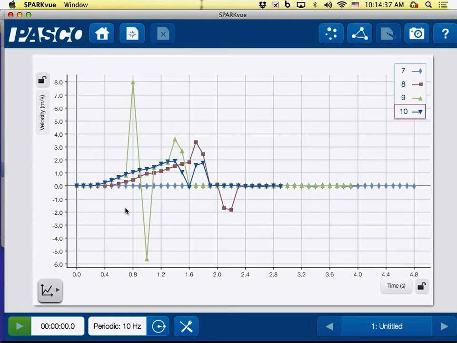So from this, let's talk about a few things. Do you see these ridiculous jumps here on the green trial? There's obviously something wrong with that trial, so I would say don't use that one. That's trial 9.